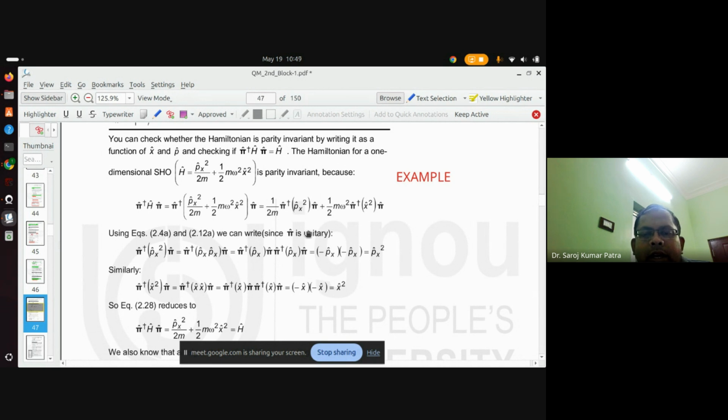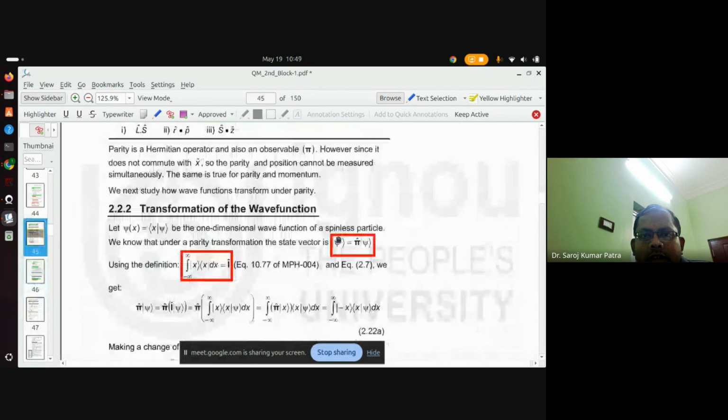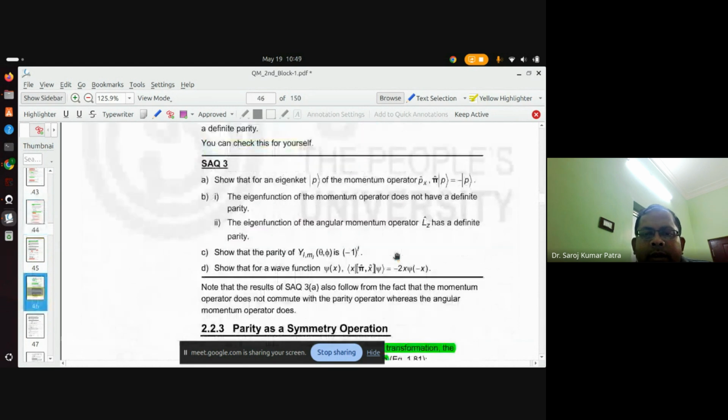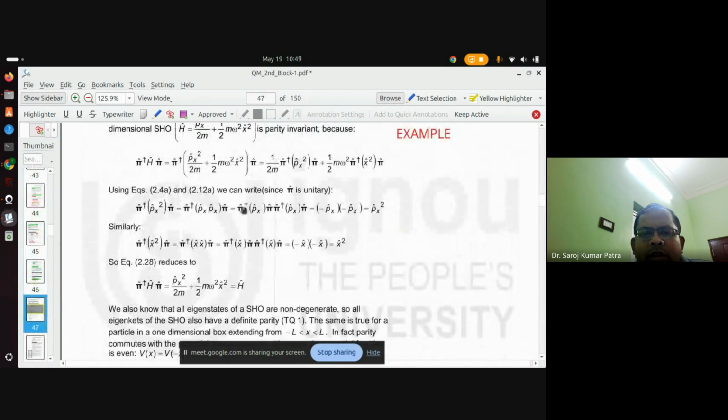But we already know from before, what is pi dag px pi? It is minus px, right? For the momentum operator, pi dag px pi is minus px. So if we come over here, pi dag px pi will become minus px, and minus px times minus px will be px square.